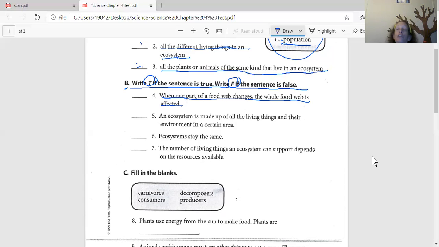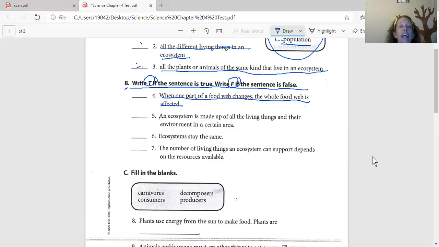True or false? You do it. Don't tell me. You do it. True or false? When one part of the food web changes, the whole food web is affected. True or false? I am finished with number 4. Yes or no? Okay.